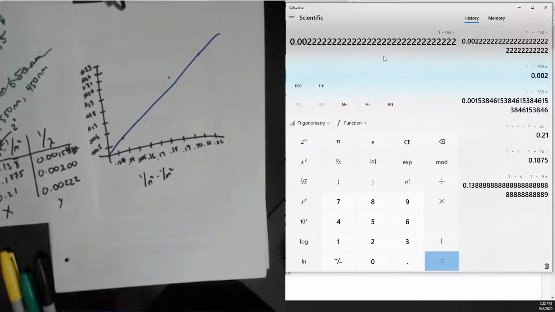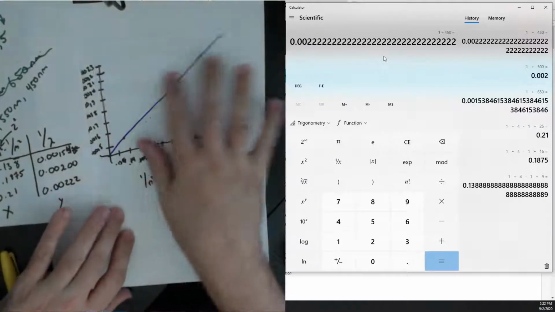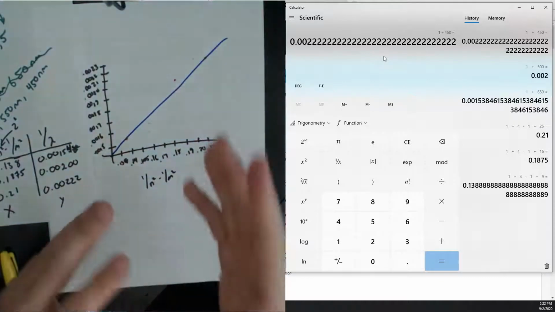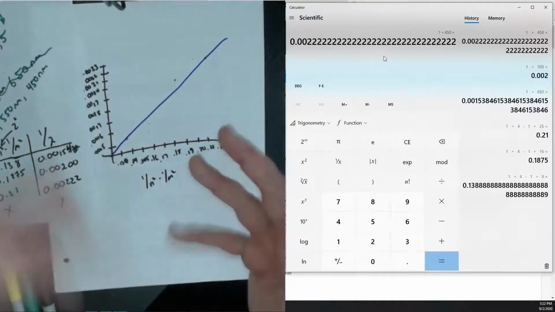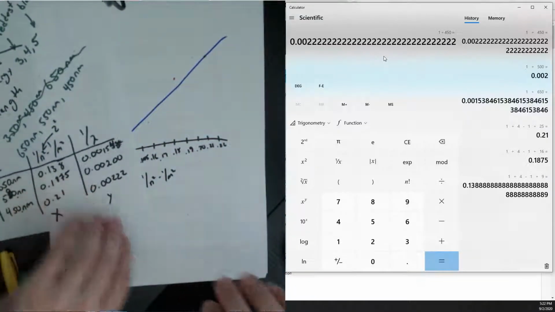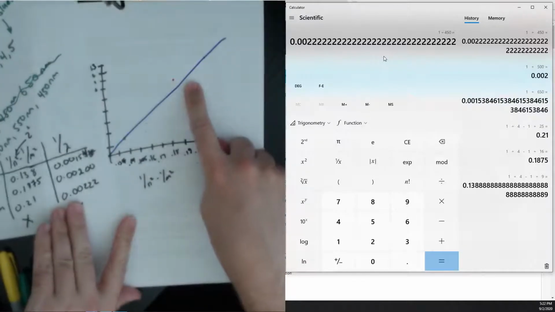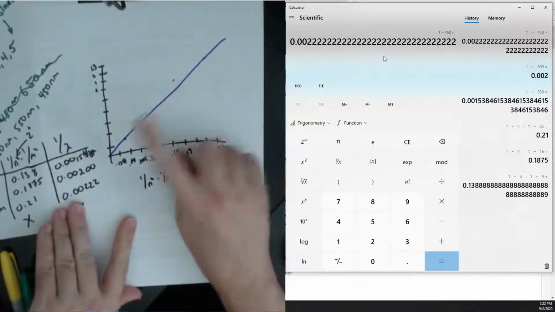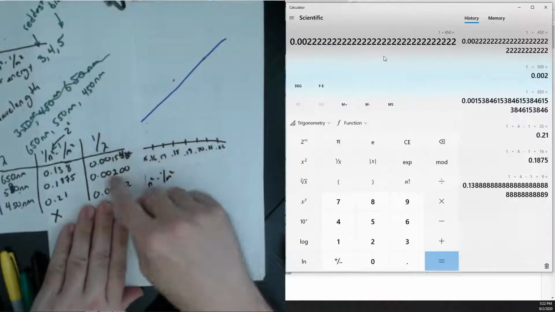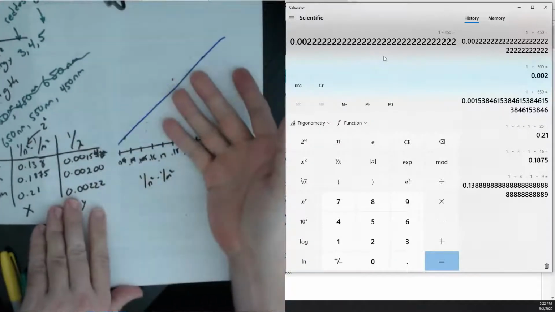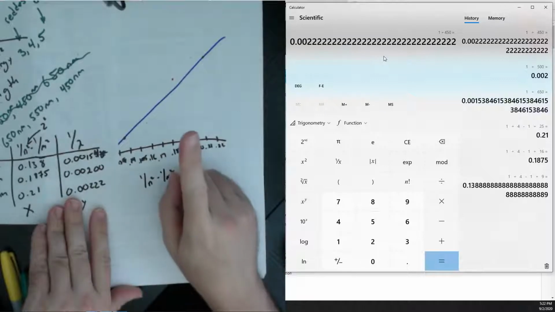Okay. Now I'm going to cheat because I know I can't get any actual data from this graph because it's not a piece of graph paper. It's just something I drew by hand. So you should take your data from the line of best fit, your numbers from the line of best fit, not from the data. I'm going to take it from the data just because I'm not using graph paper. You will be using graph paper.